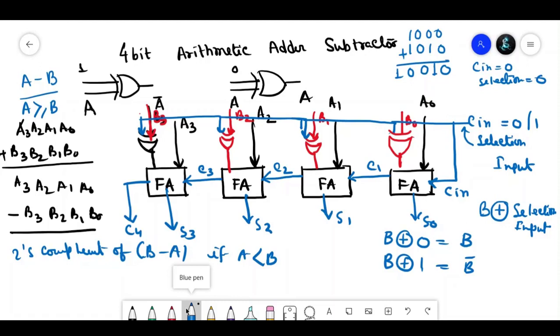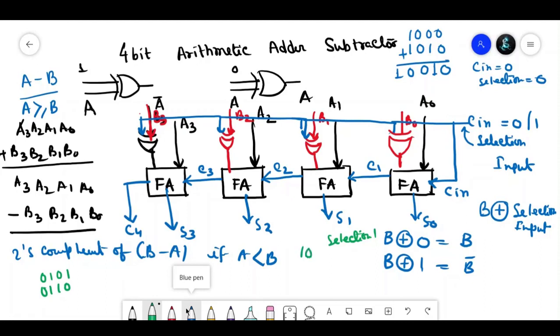In the case of selection equal to 1, for the same number, 1010 will be replaced by its 2's complement. The 2's complement of 1010 is nothing but: 0 1 0 1 is the 1's complement, and 0 1 1 0 will be the 2's complement.